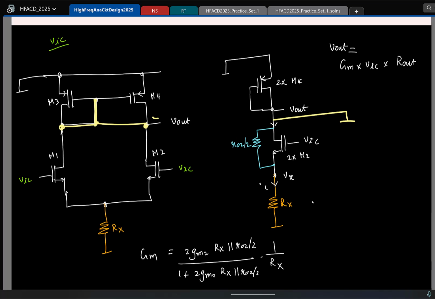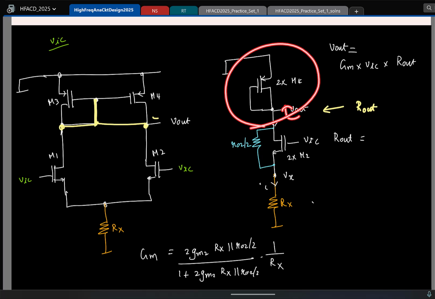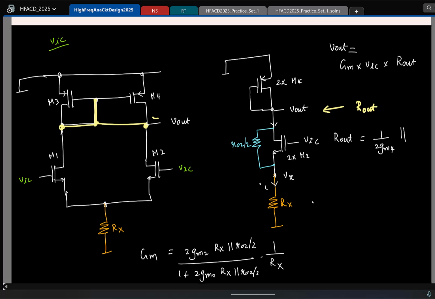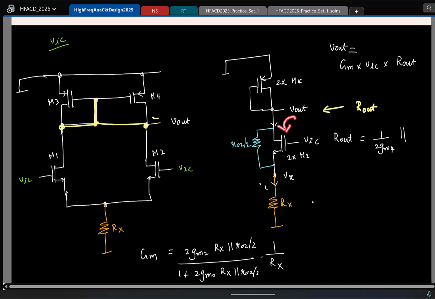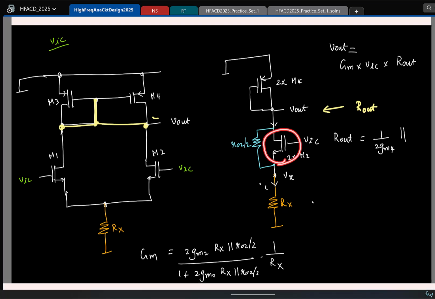So what is the other thing I have to find? What is the resistance looking here? Looking up, what do I have? 1 by 2 GM4, in parallel with, what is the resistance I have looking down? Remember, I have a transistor and some resistance connected at the source. So what configuration is this?